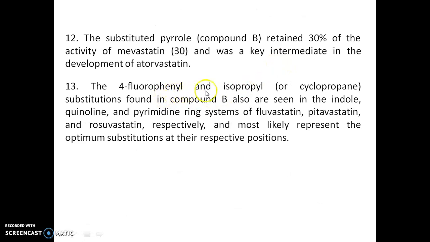The 4-fluorophenyl and isopropyl or cyclopropyl substitutions found in compound B were also seen in the indole, quinoline and pyrimidine ring systems of fluvastatin, pitavastatin and rosuvastatin respectively, and most likely represent the optimal substitutions at their respective positions.